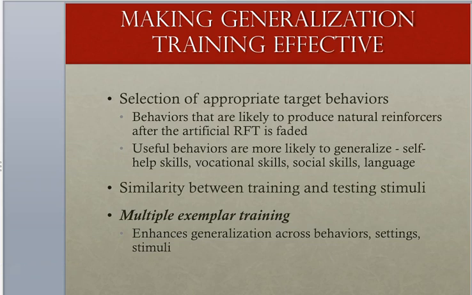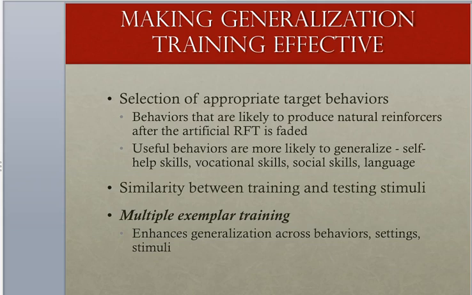So when you're working on putting together a generalization training program, there's a few things that you need to be aware of. The first one is that you select appropriate target behaviors. Behaviors that are likely to produce natural reinforcers after you fade the artificial reinforcement. So training them to do silly behaviors for artificial reinforcement for nothing more than the point of teaching it is really not very ethical, nor is it very effective.